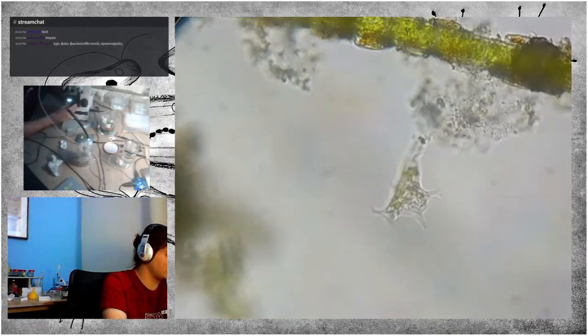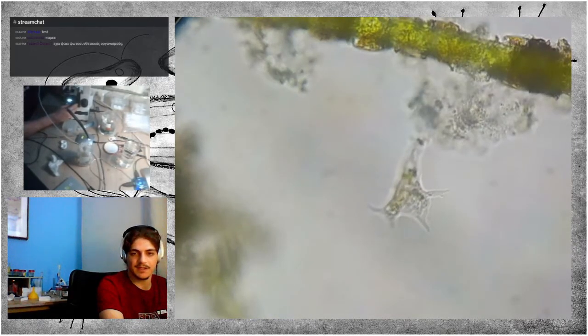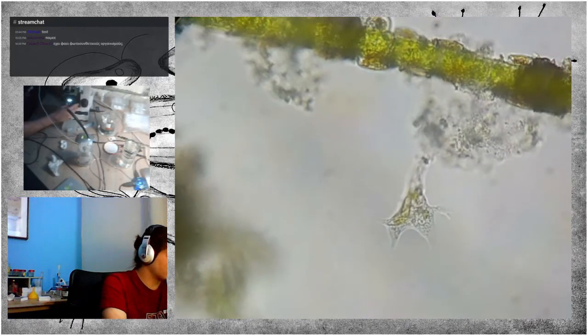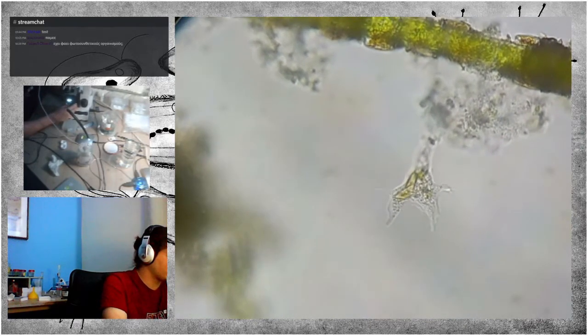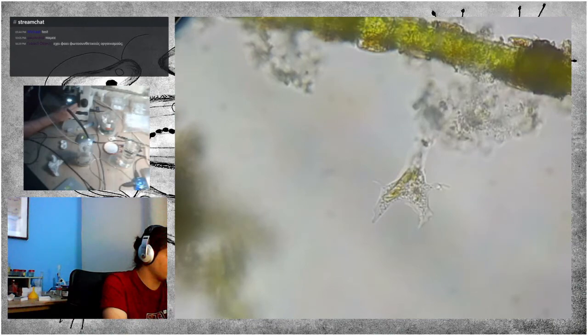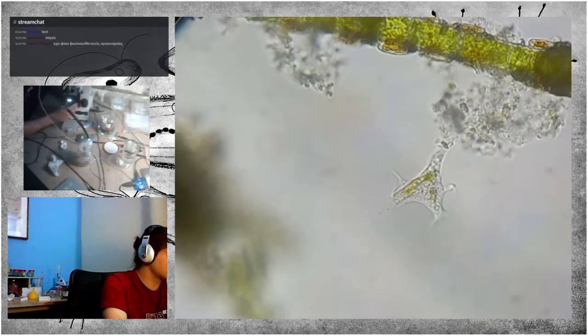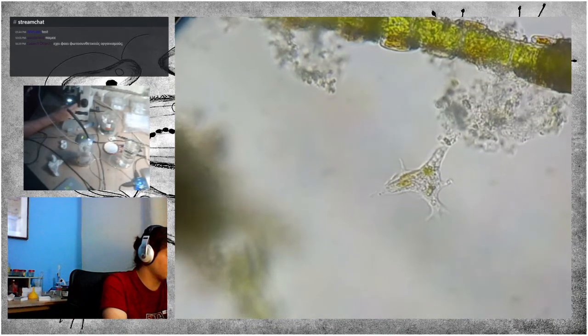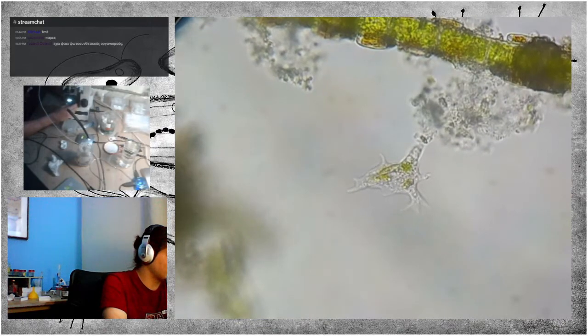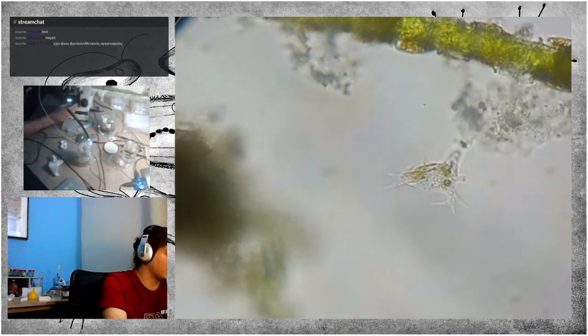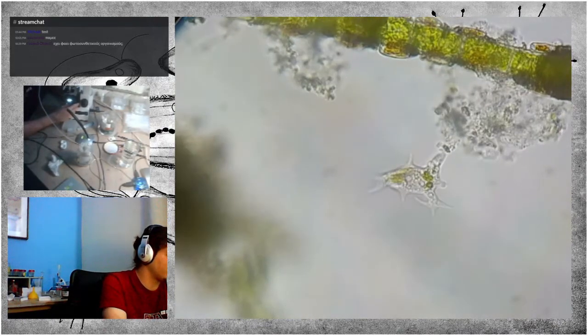You can see those that look like appendages and are called pseudopodia, and also with those they eat other organisms or anything that can be food to them.